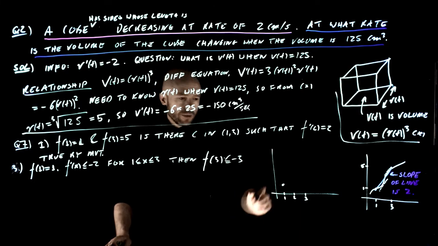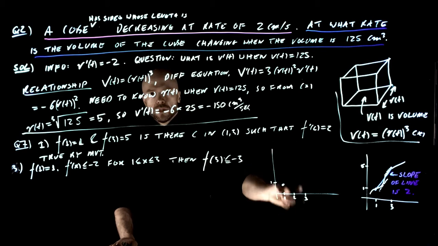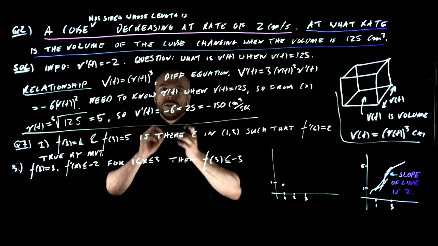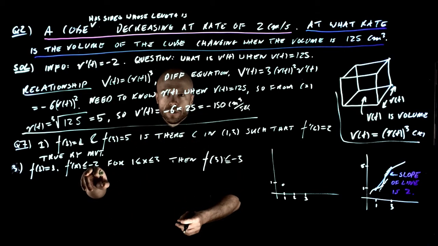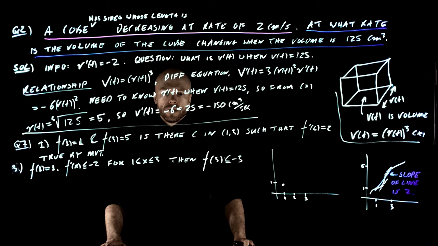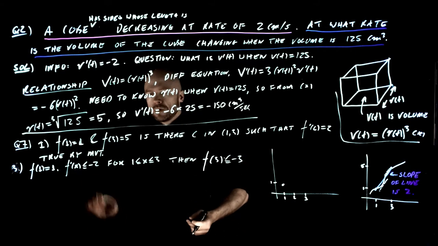Starting off at 1, as we go along by 1, we might be going down by more, but the only restriction is that the derivative is less than or equal to minus 2.